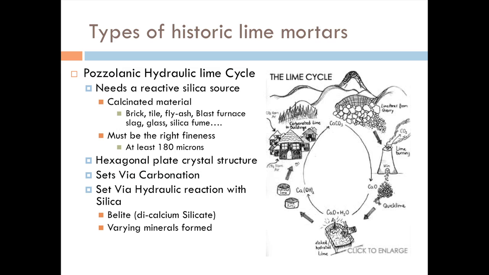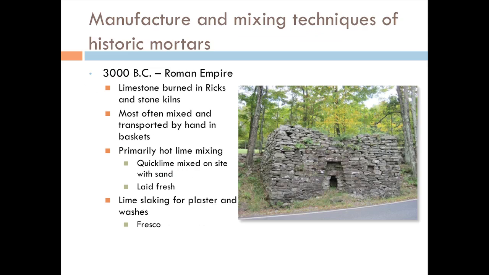So again, we're going to jump back a little bit and talk about the different techniques. So limestone was burned in not just kilns, but something called ricks. And ricks were essentially just a pile formed in a certain way of wood and limestone. And once the pile was burned and tended to for a number of days, it was gone.